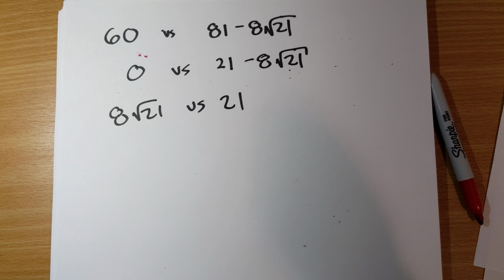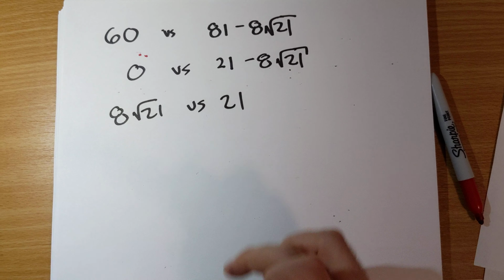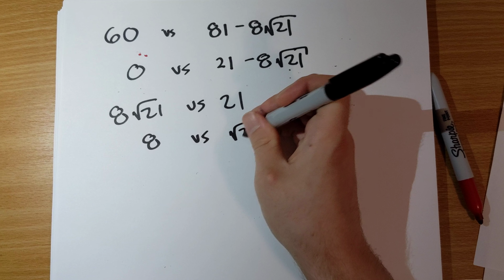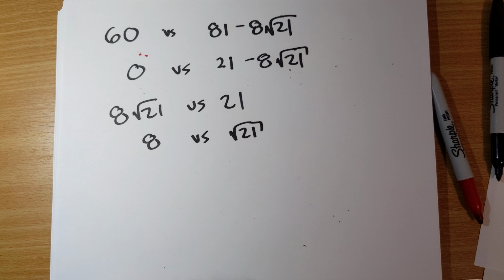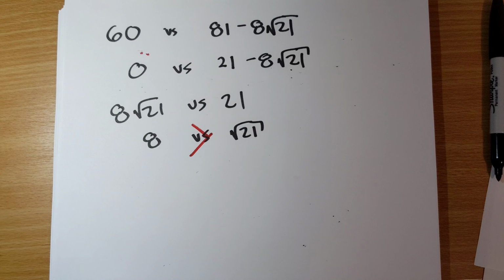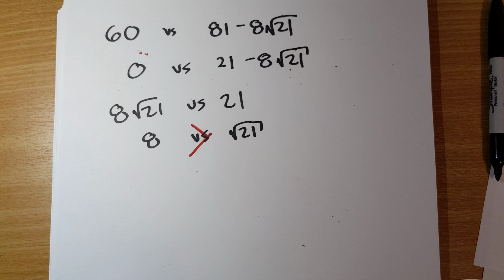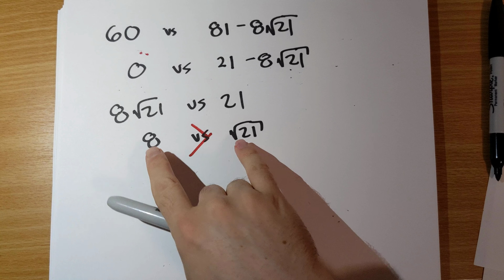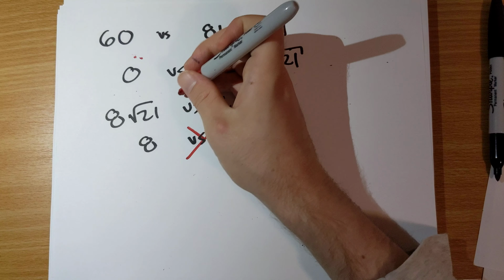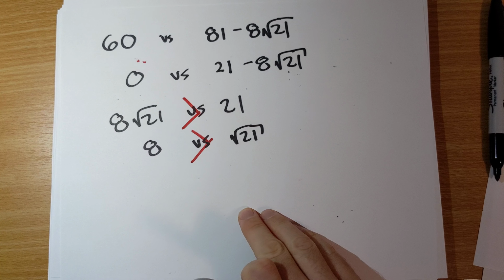This is going to be close, I guess. Divide both sides by 21: 8 versus square root of 21. Okay, so we can see which one is smaller. Square root of 21 is between 4 and 5, so 8 is bigger than square root of 21.